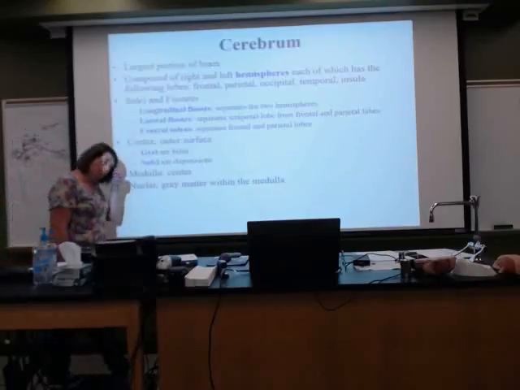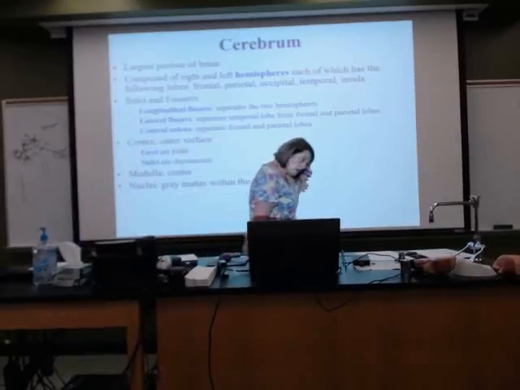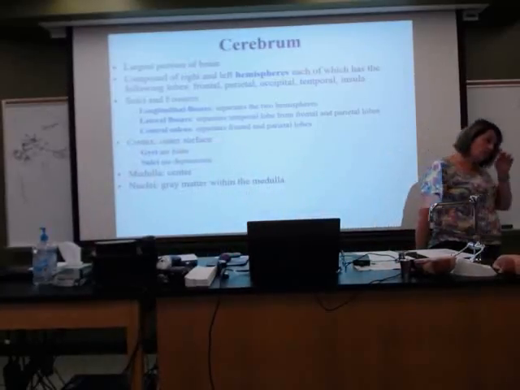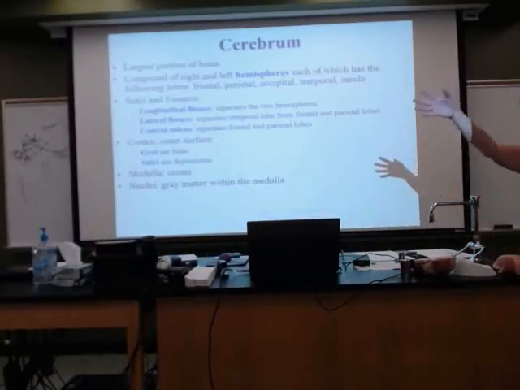The cerebrum, our largest portion, the part that people tend to label the brain. Right and left hemispheres. In these hemispheres, we have our frontal lobes, parietal lobes, occipital lobes, temporal lobes, and if we could take a portion of that temporal area and lift it up, okay, we get an area called the insula.